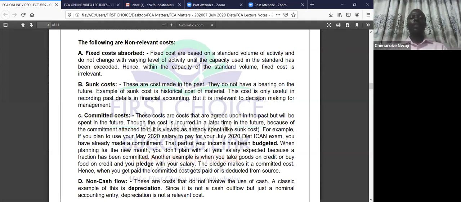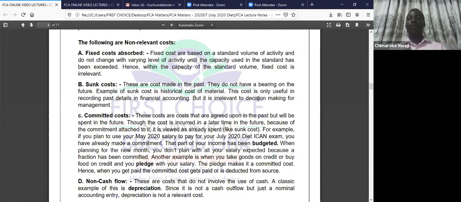The next one is sunk cost. Sunk cost is technically cost made in the past. And so anything that has past tense, cost made in the past, does not have a bearing on the future and does not have to be relevant.